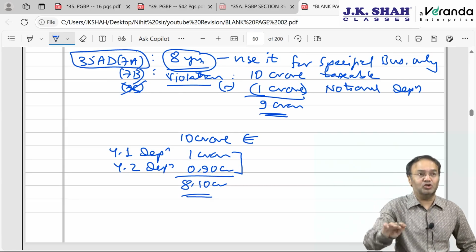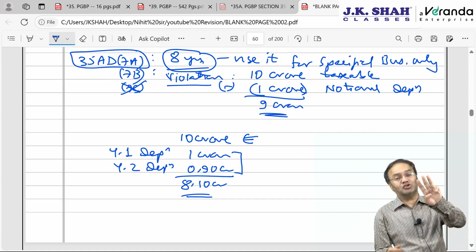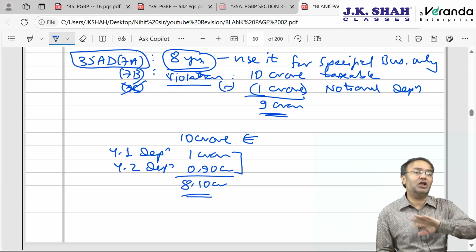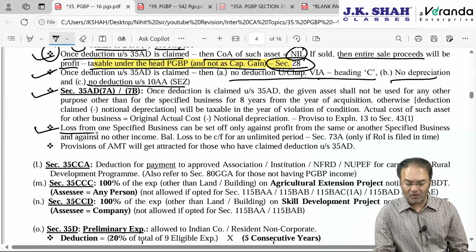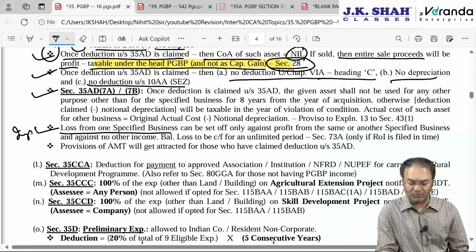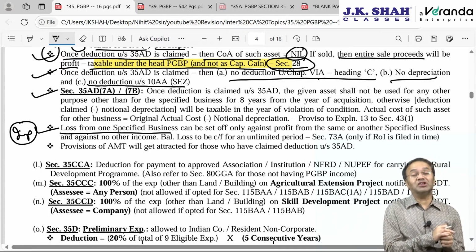Supposing I started using it for non-specified business in the fourth year, then I will claim notional depreciation of 3 years and only the balance amount I will have to add back under PGBP. Loss from one specified business, this is an important point, keep it in your mind. Loss from one specified business can be set off, this is a homogeneous loss.